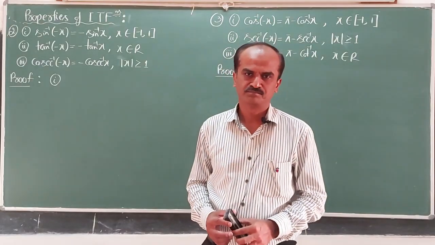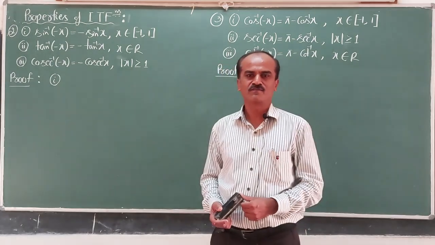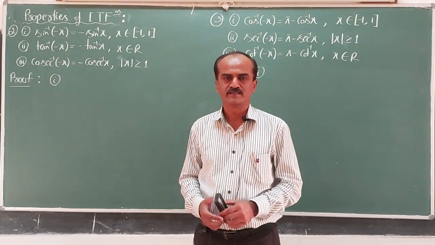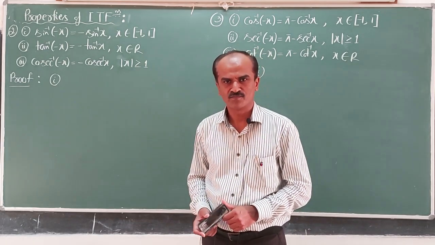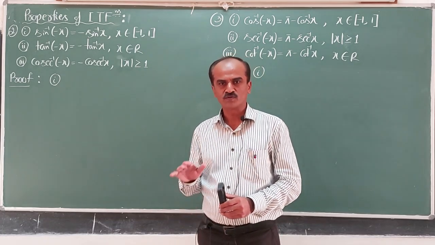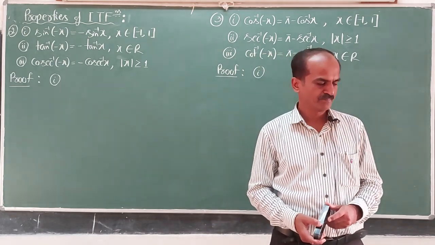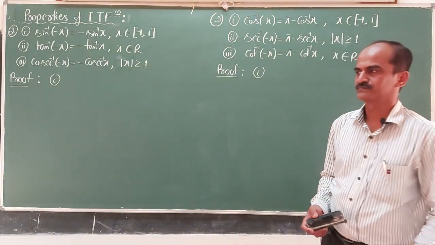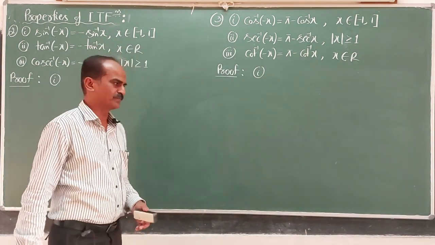Now property 2. First one says sin inverse of minus x is minus of sin inverse x. Tan inverse of minus x is minus tan inverse x. Cosecant inverse of minus x is minus cosecant inverse x. Recall the problems we did in exercise 2.1.